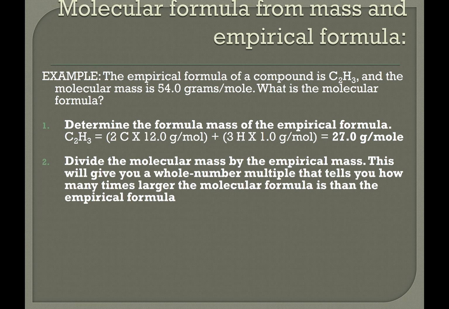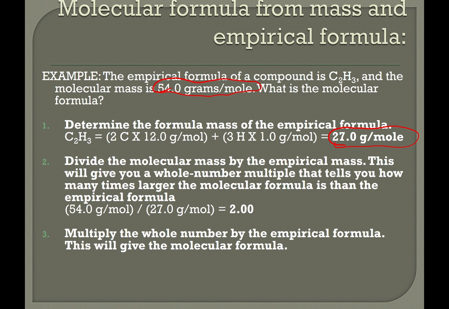So we divide the molecular mass of 54 grams per mole by the empirical mass, 27 grams per mole, to get our whole number multiplier. That'll tell us how many times larger the molecular formula is than the empirical formula. In this case, it is 2 times larger. So we multiply that whole number multiplier by the empirical formula of C2H3, and we get our molecular formula, C4H6. Note that this still maintains the 2 to 3 ratio.